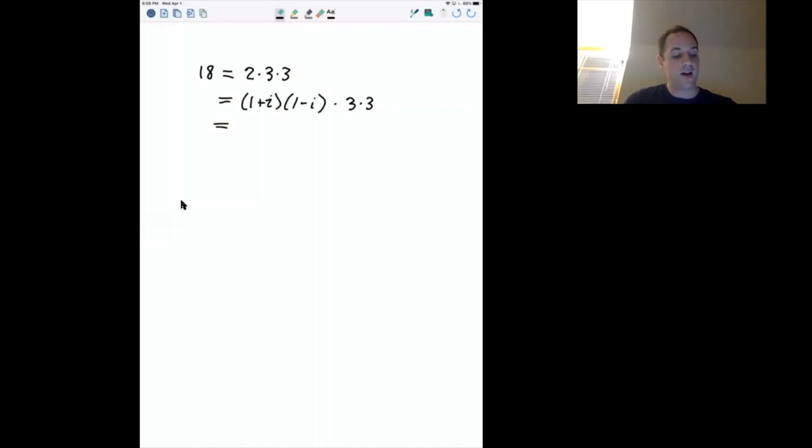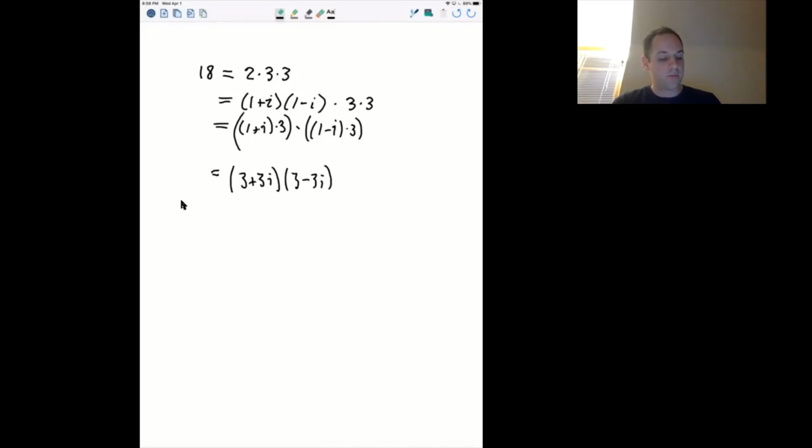So the only chance you have of getting your 18 as a sum of two squares is just to distribute those 3's. One of them is going to go with the 1 plus i, and then the other one is going to go with the 1 minus i. Sorry. And so then at the end of the day, you have 3 plus 3i times 3 minus 3i, which is 3 squared plus 3 squared. Okay, just to kind of get a sense of how that works.